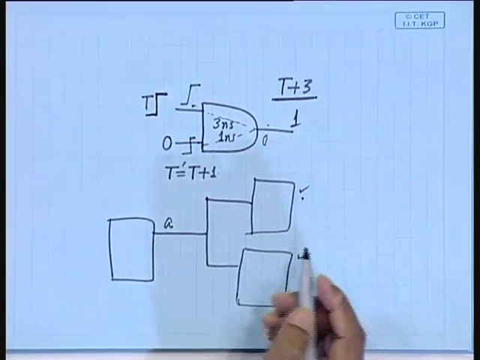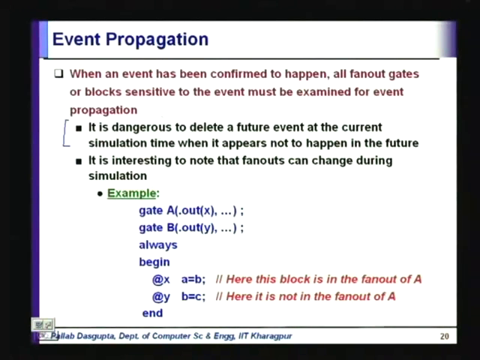How can that happen? That can happen in a case like this. So, this is an example. I have 2 gates, gate A produces the output x, gate B produces the output y, and then we have this always block where we have the following thing: at x we do some A equal to B, and then at y we do B equal to C. Now, remember that this is a block which is going to execute in this sequence, right.